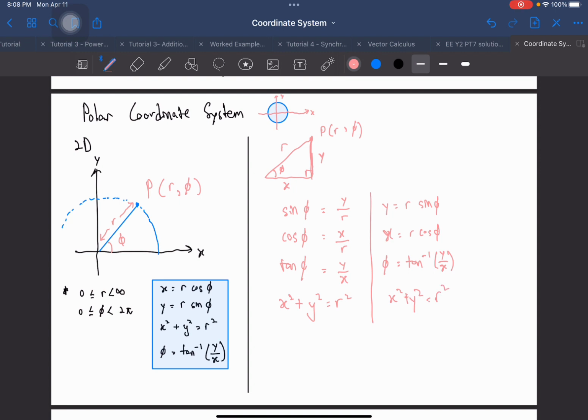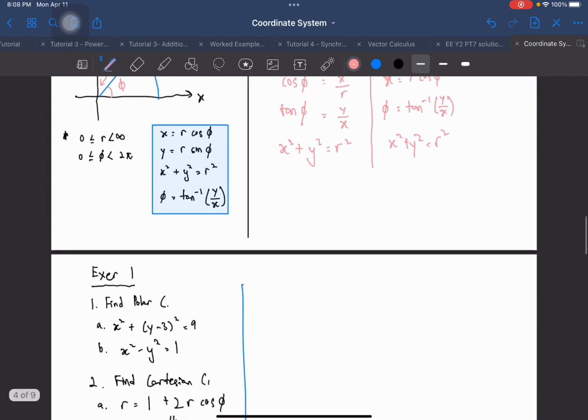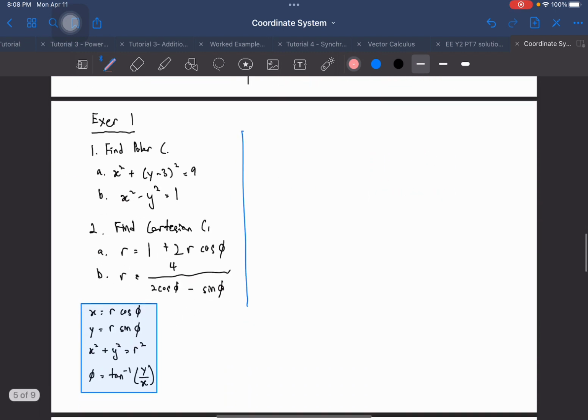Easy, right? So now you can convert Cartesian coordinate system to polar system, and revert polar system back to Cartesian coordinate system. This is easy. Let's follow me.